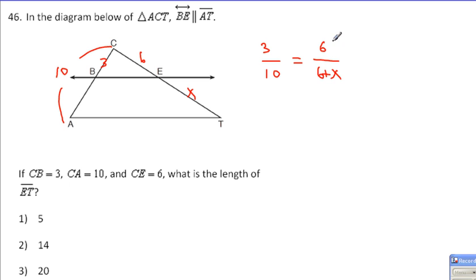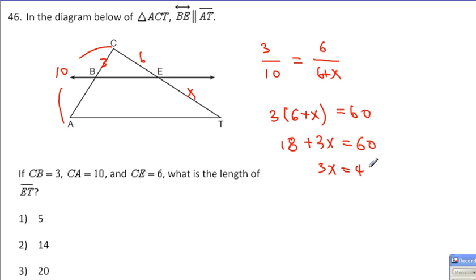Now we end up having 3 times 6 plus x is equal to 60. When you multiply 3, remember you have to multiply 3 in both cases. We end up having 18 plus 3x, which is equal to 60. 3x is equal to 42, where x is then equal to 14. Now, that becomes our answer for ET.